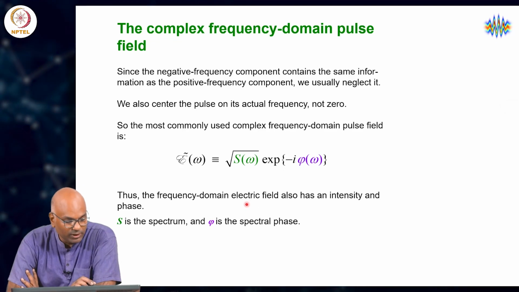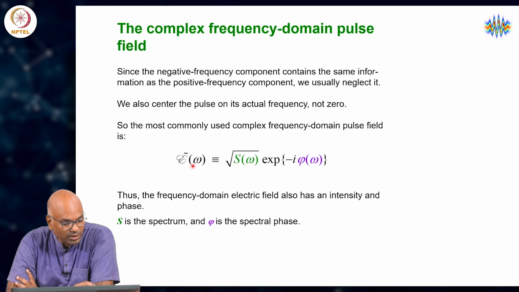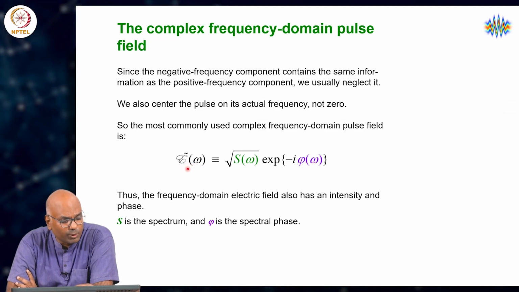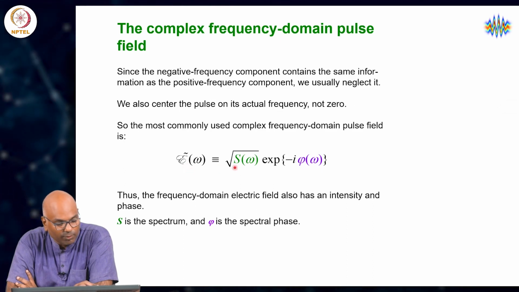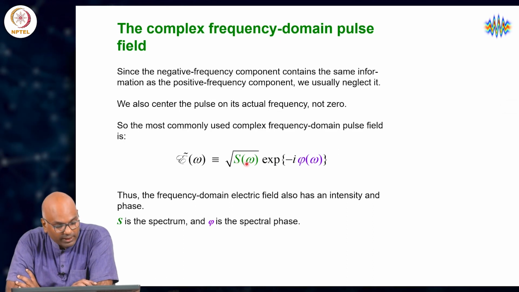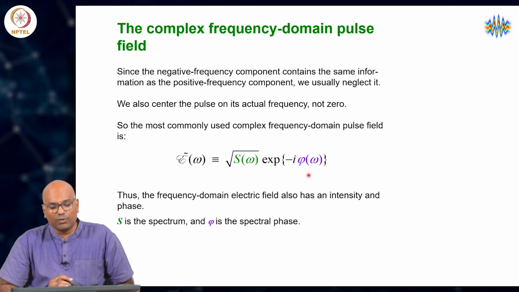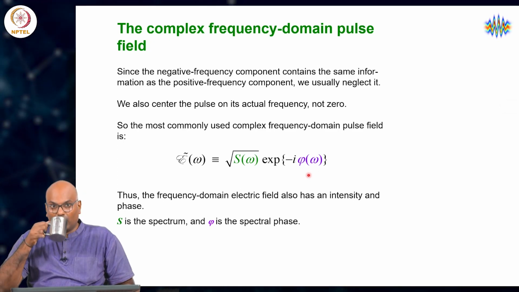So, in the spirit of defining the complex envelope in the time domain, we now take the same approach in the frequency domain. So that we have E tilde of omega is the square root of an intensity-like quantity, but in the spectral domain, which is the spectrum S as a function of omega, and we have the spectral phase exponent of i phi of omega coming in.